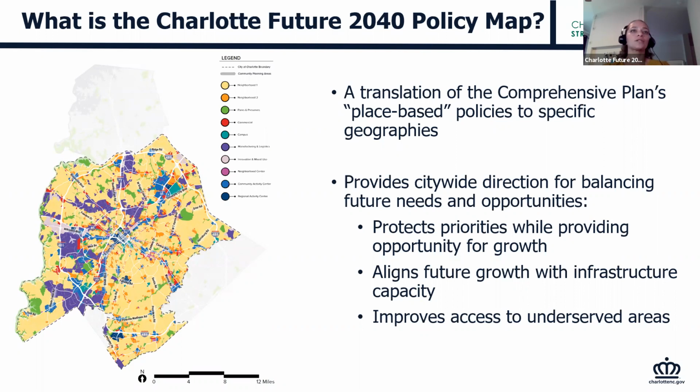And again, it provides direction for opportunities for growth, aligning growth with infrastructure capacity. We want to make sure that we're planning growth where it makes sense to put infrastructure or where it already exists. And then it is intended to improve access to any historically underserved or disenfranchised areas of the city.